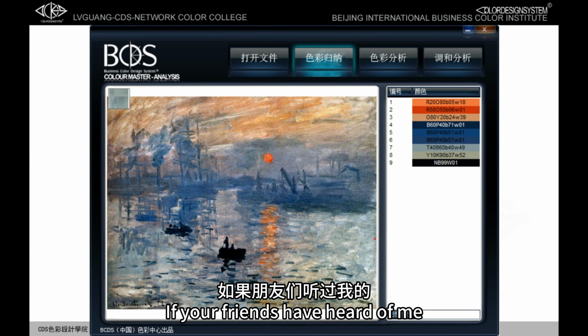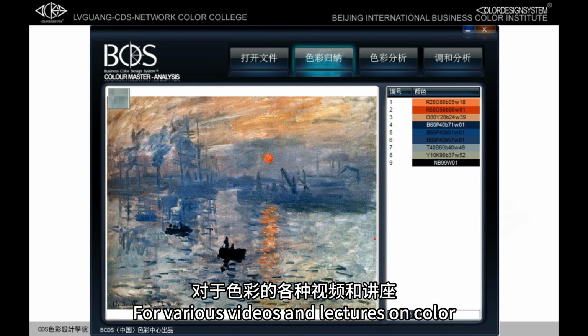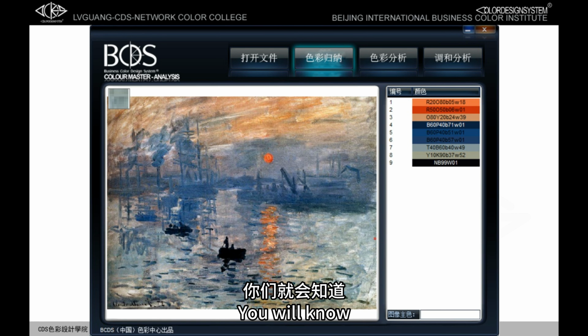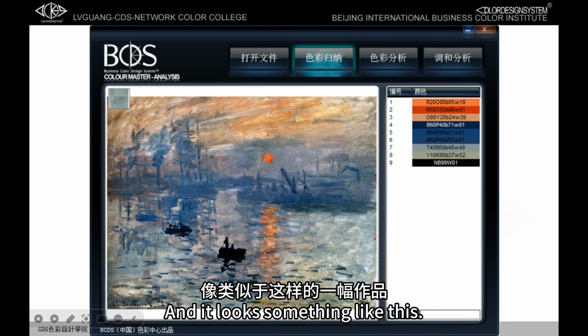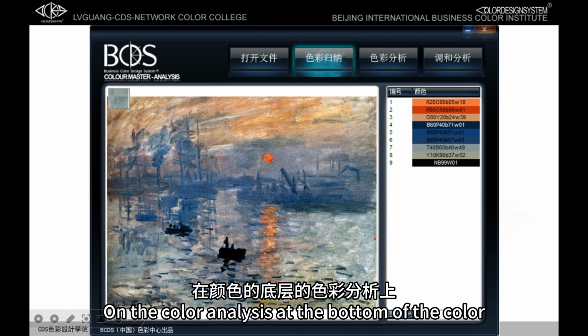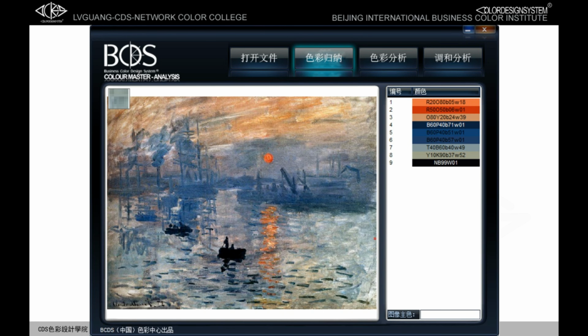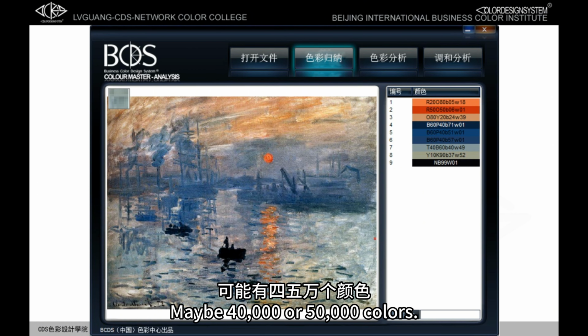If your friends have heard me in various videos and lectures on color, you will know it looks something like this. In the color analysis at the bottom, all its colors add up to maybe 40,000 or 50,000 colors.